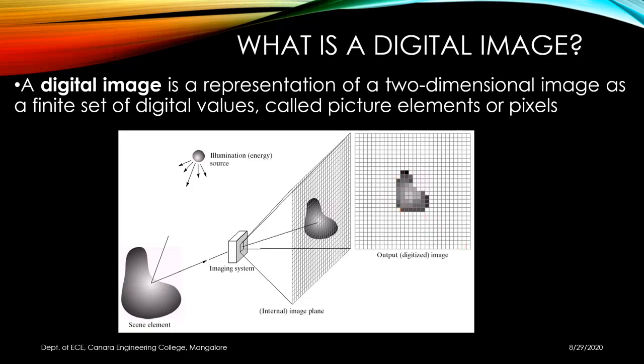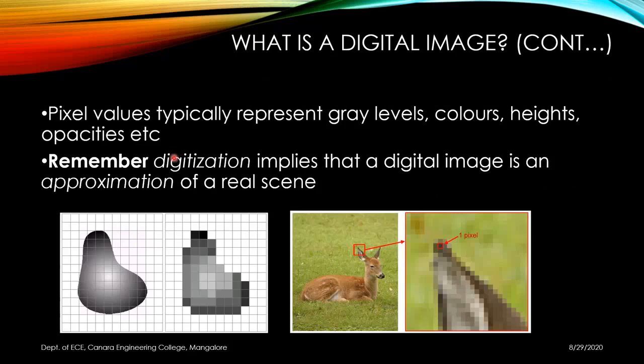These pixel values typically represent gray levels, colors, heights and opacities. We need to always remember that digitization implies that a digital image is an approximation of a real scene. You can see the pixels here, and the word pixel itself means picture element. Picture element is cut short into pixel.